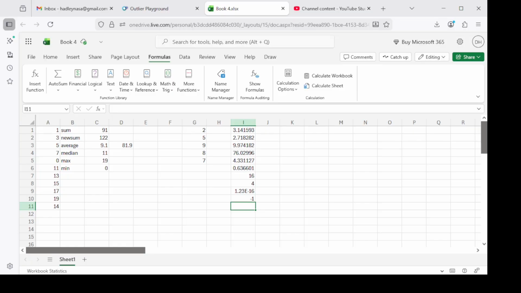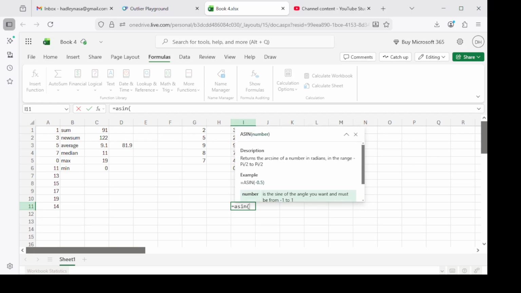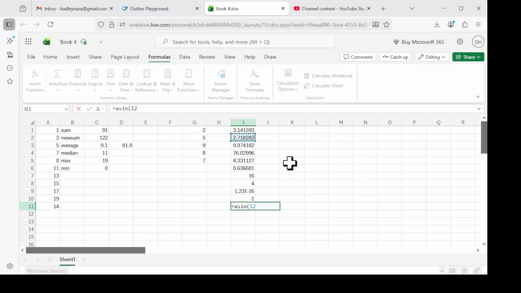So maybe I want equals arc sine, ASIN. So that is sine to the -1 on a calculator. But arc sine, let's just take this guy. Actually, he won't work. This guy, because it has to be less than 1, and I get that return. And same thing with cosine and arc tangent.